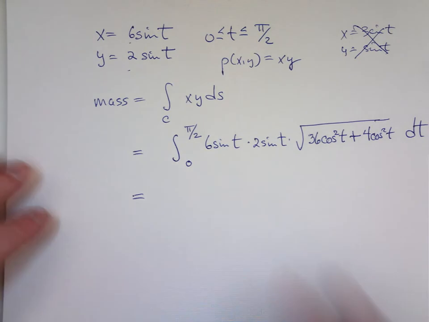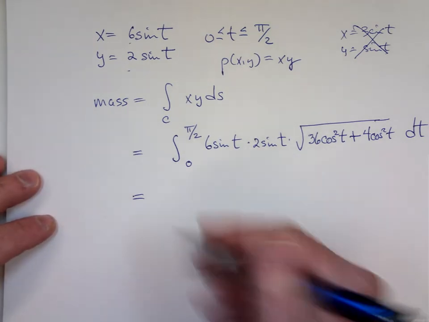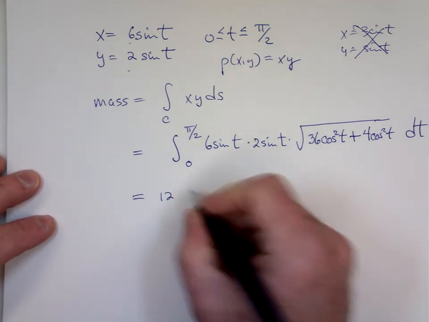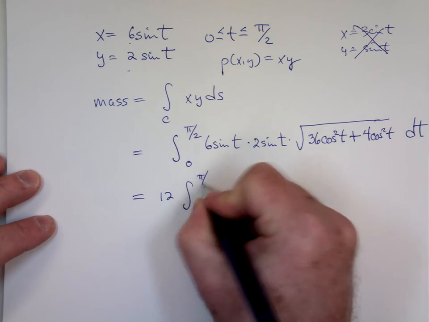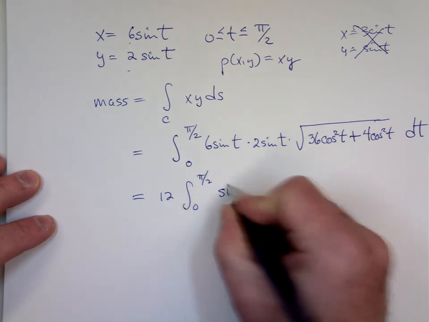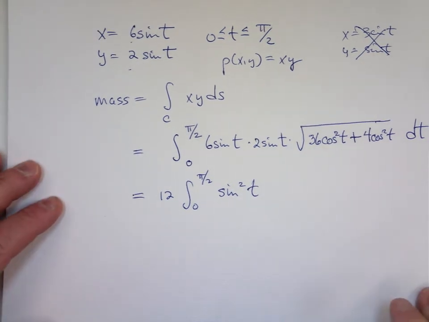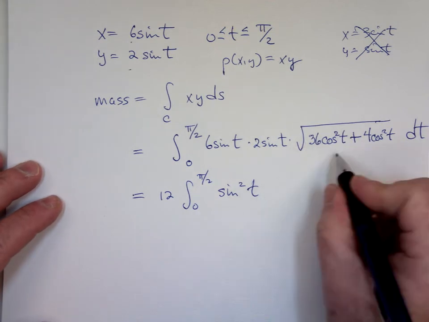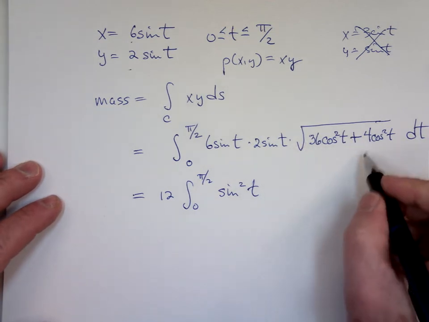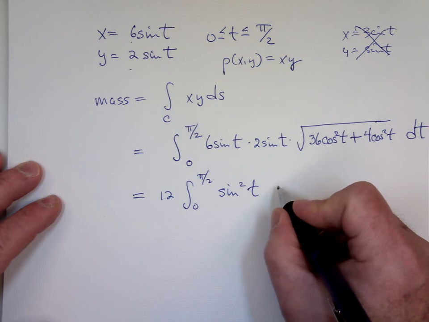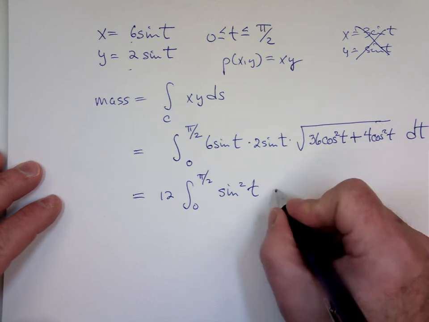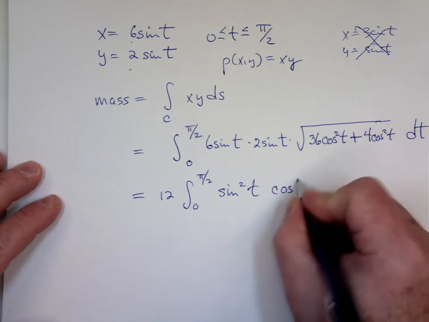We've got a 12 to take out front. I've got the integral from 0 to pi over 2. I've got a sine squared. And then we've got a square root here, 40 cosine squared. Well, I can take the cosine squared out as a cosine. I have the square root of 40.